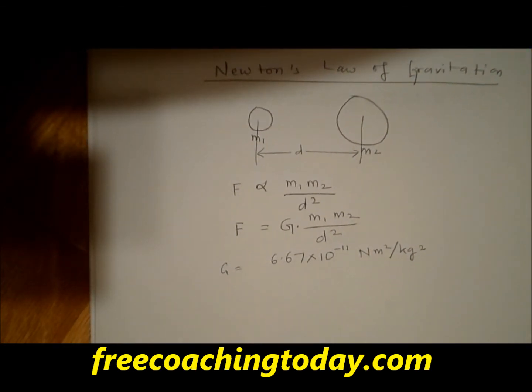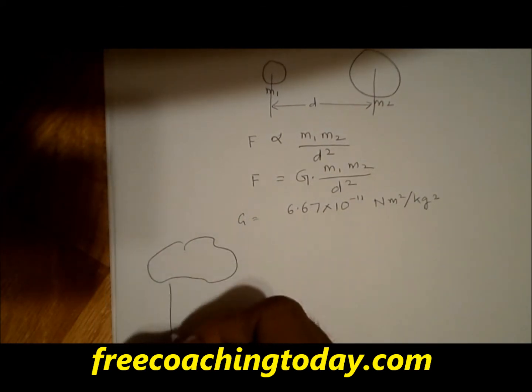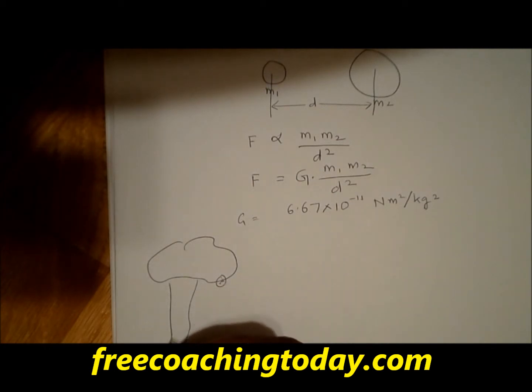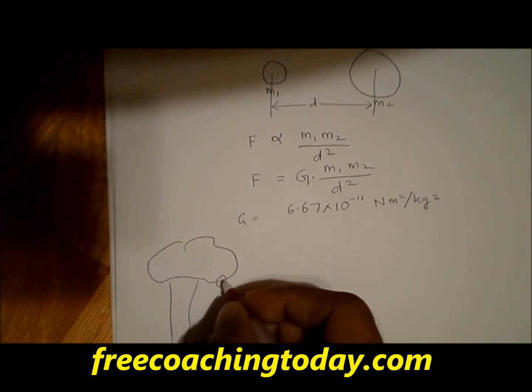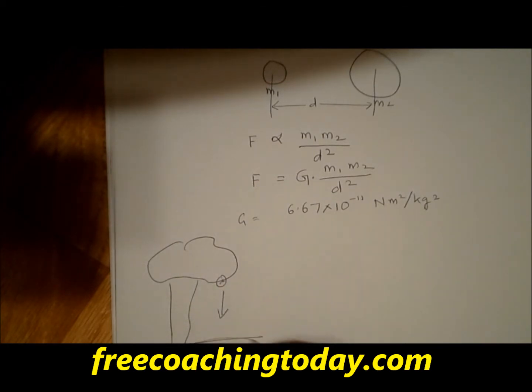Intuitively it does not look like two masses attract each other, but it has been proven from different observations. So what are these observations? One observation is that if we have a tree and there is a mango on it, and if somehow this mango gets ripped from this tree, it falls towards the earth.